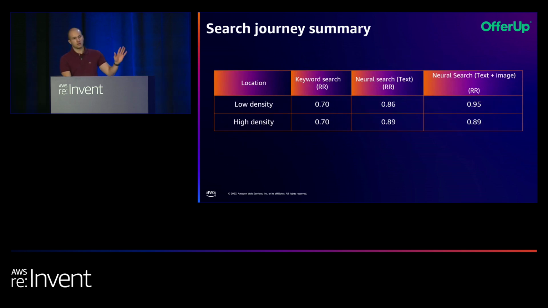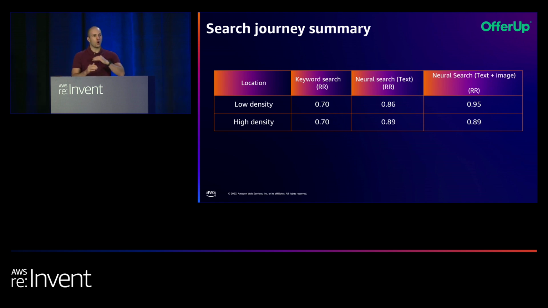In general, to summarize this journey, we began with keyword search, and then we started exploring neural search with semantic search. This yielded a 23% increase in relevance recall for low-density locations and 27% for high-density locations. So it has been a great improvement.